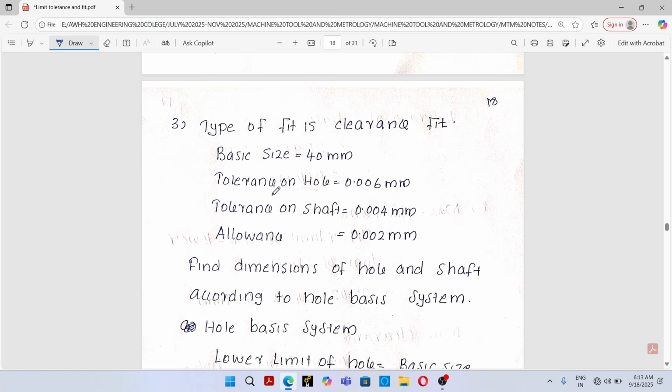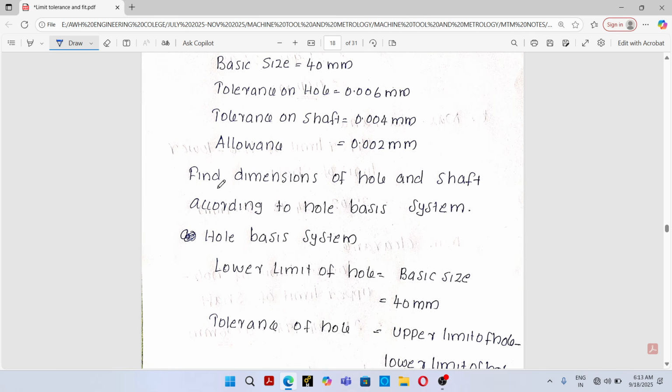Basic size 40 mm, tolerance on hole 0.006 mm, tolerance of shaft 0.004 mm, allowance 0.002 mm. Find dimensions of hole and shaft according to hole based system.